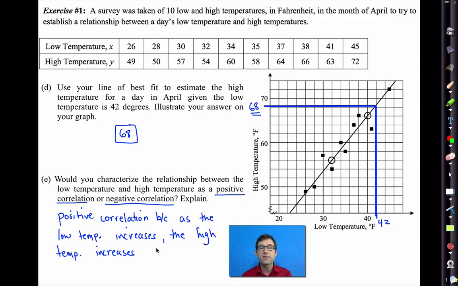This might be, let's say you were recording how many minutes you spent in the gym versus your weight loss. Generally speaking, the greater amount of time that you spend, the greater your weight loss. So how about this? The amount of time in the gym versus your weight, right? So as the amount of time in the gym goes up, your weight goes down.